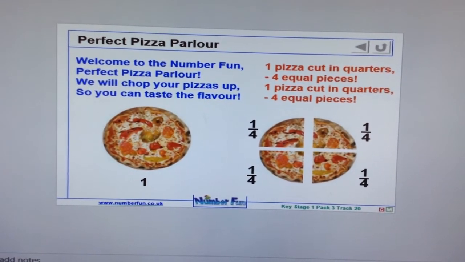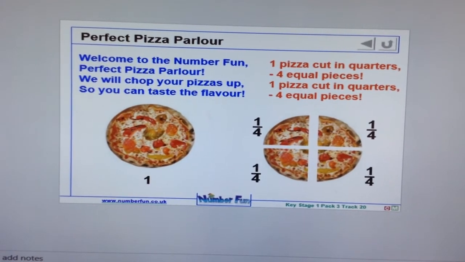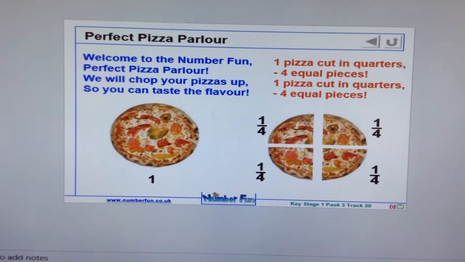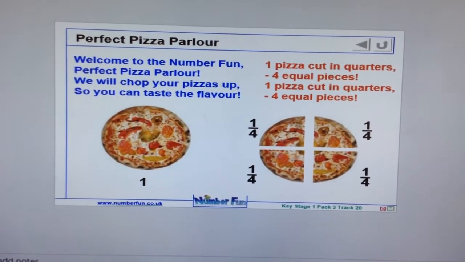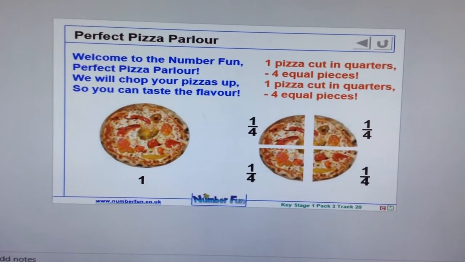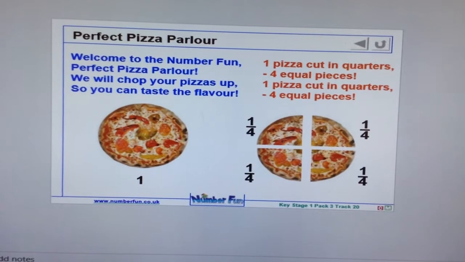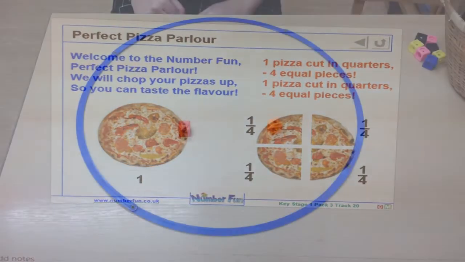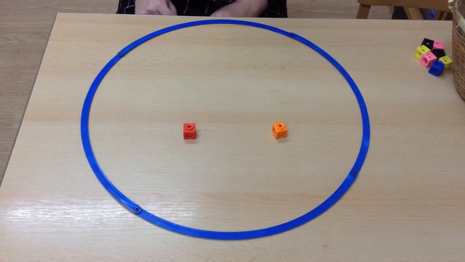Welcome to the number one Perfect Pizza Parlour. We will chop your pizzas up so you can taste the flavor. One pizza cut in quarters. 4 equal pieces. One pizza cut in quarters. 4 equal pieces.